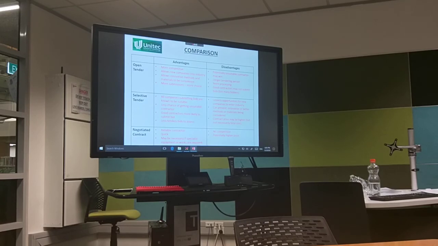How are they going to get into the industry if everyone's just hiring who they hired before? So the advantage of that is it lets new companies in, it lets innovative methods get in. More submissions, more choice. The disadvantage is that you could end up with a cowboy. It's a longer tendering period, there's more processing, there's more time because you've got more tenders.